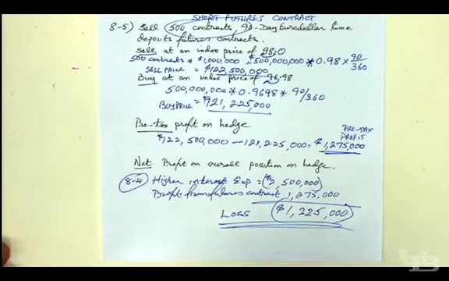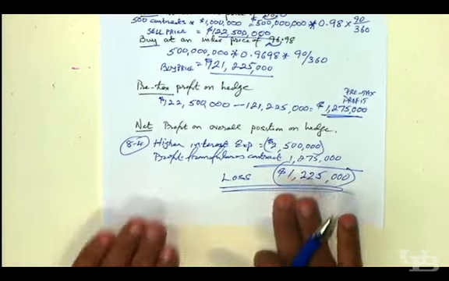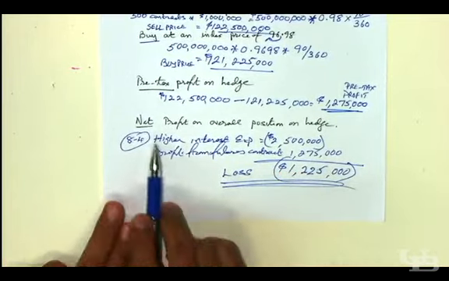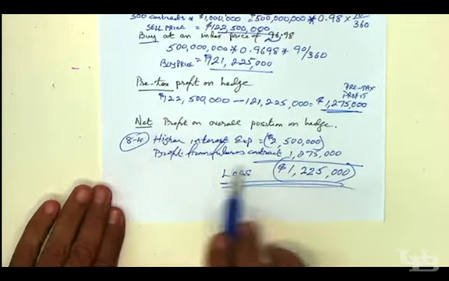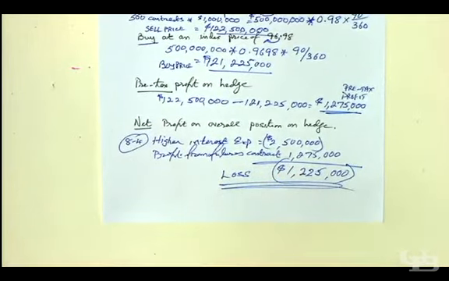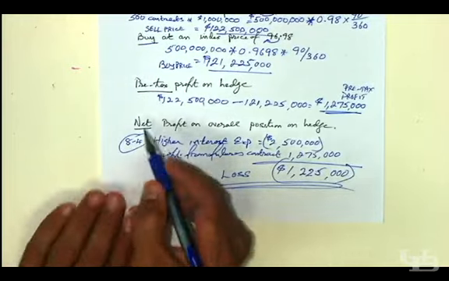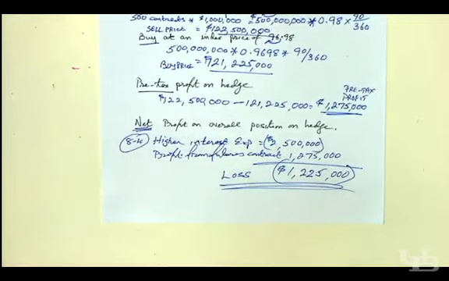Now, the next thing you'll be asked in the exam, please, this is not something that the author is asking, but please do include this. This is something you must know because you'll be asked in the exam. The question is, what is the net profit or loss on the overall position?